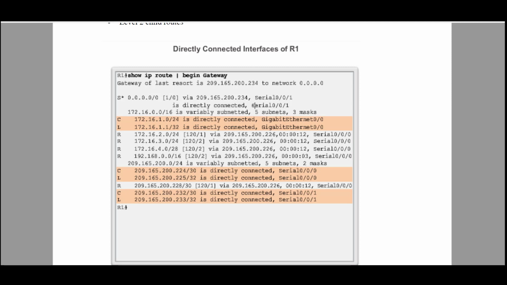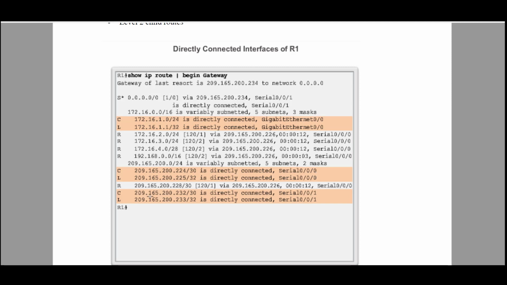This is one type of entry. For directly connected, you see 172.16.1.0/24 is directly connected in GigabitEthernet 0/0. And 209.209.165.200/30 is directly connected in Serial 0/0/0.